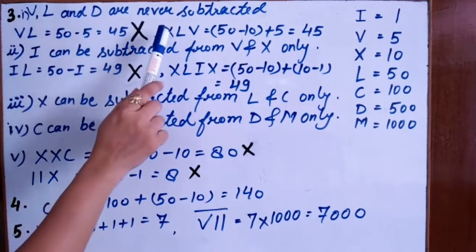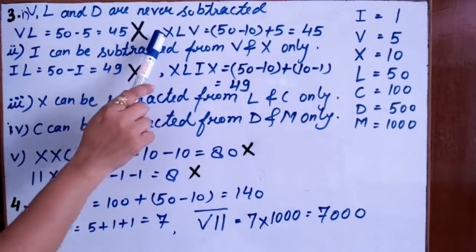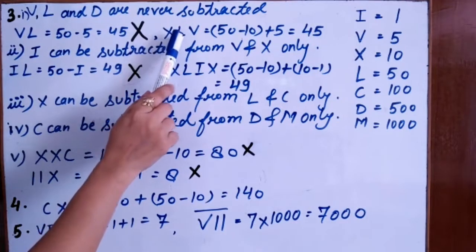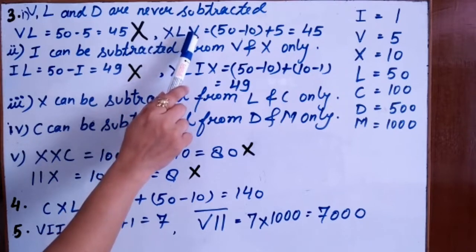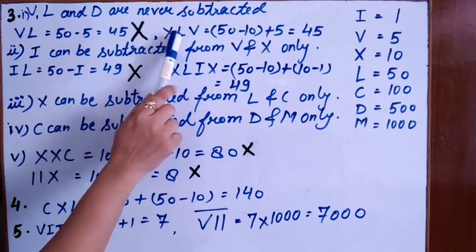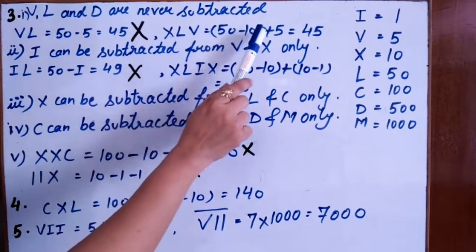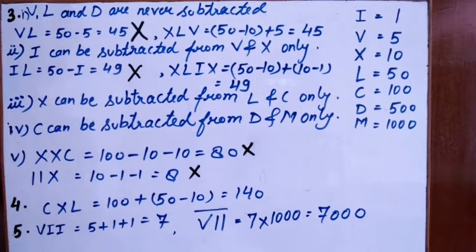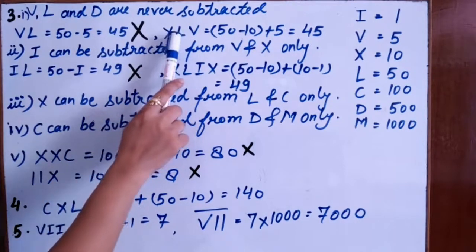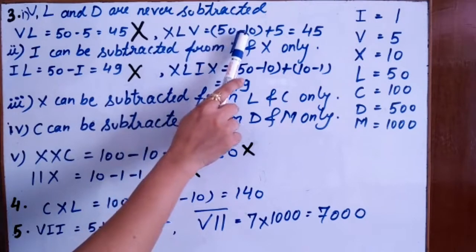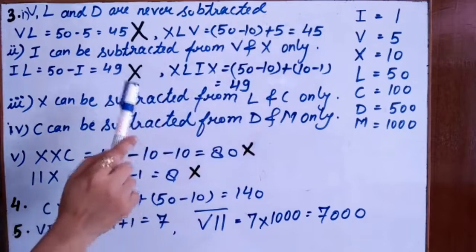What is the correct one? XLV. The value of X is 10. The value of L is 50 and the value of V is 5. We can subtract X from L. 50 minus 10 plus 5 is equal to 45.